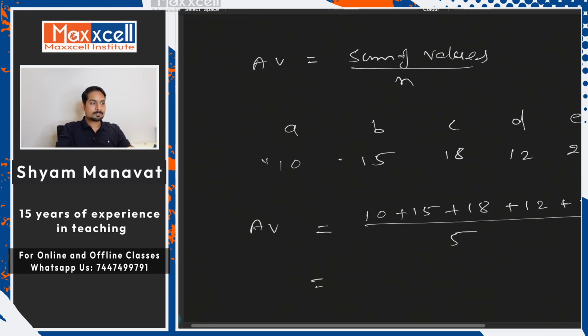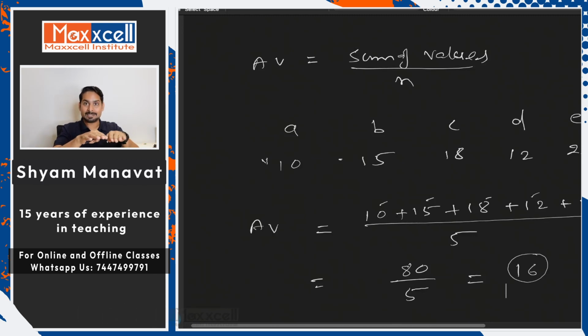So now if you see, this is 25, 25, 50, 50, and this is 30, 30, 50 is 80 by 5, and that will get you 16. So there are 16 chocolates. If you take all of them together and divide equally, each one of them will get 16 chocolates. Yeah, this is what we mean by the average, sum of values by number of values.